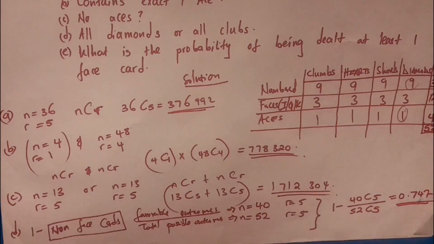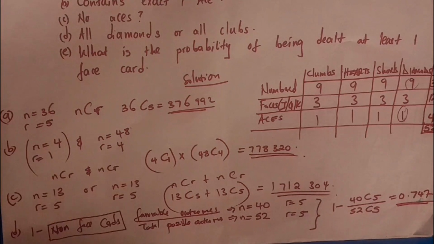So this is how we dealt with the permutations, combinations and the probability. In my next video, I'm going to deal with a variety of questions involving combinations, permutations and probabilities.